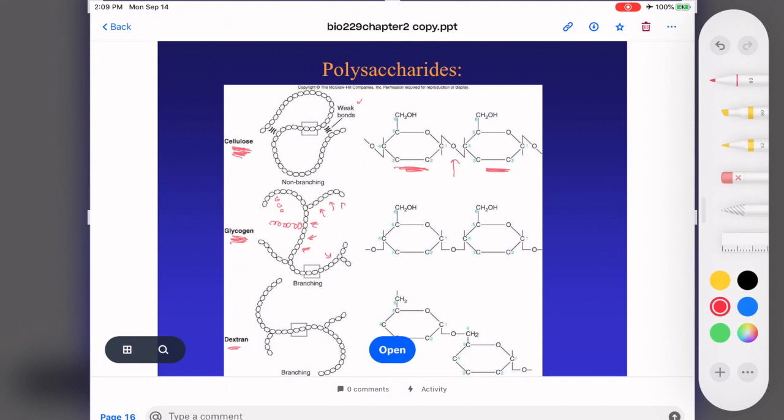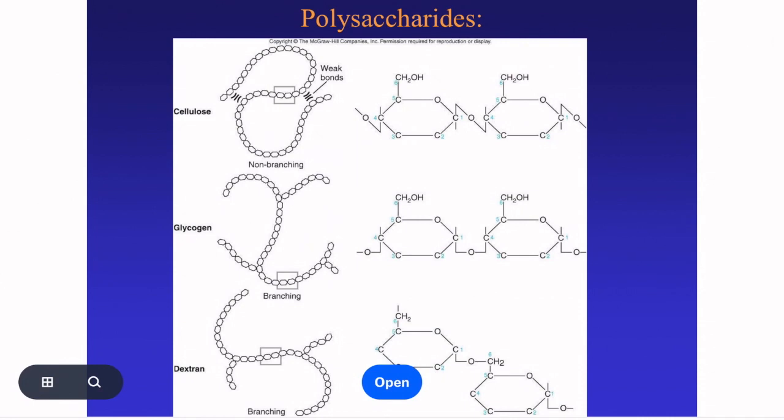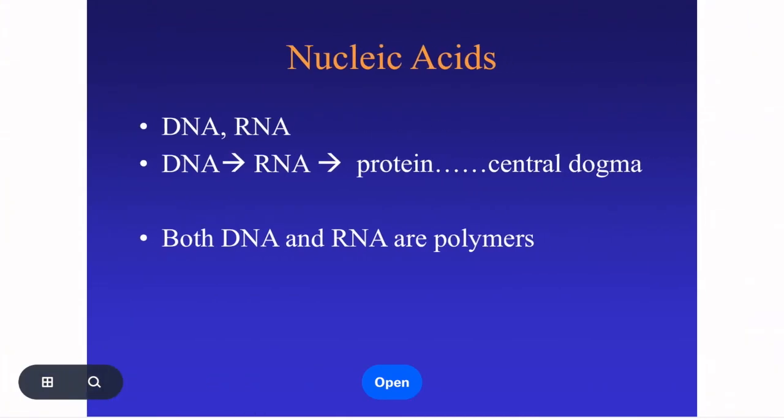And you can get some very complex carbohydrates that way. There we go. So let's see, we did mono and di and polysaccharides, ring structures, carbon-hydrogen to oxygen ratio, alcohol groups, aldehyde groups. We can move on next to nucleic acids.